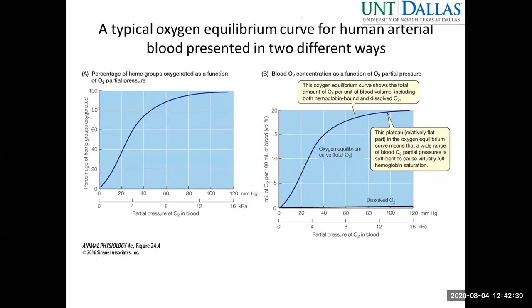Human blood, for example, contains about 5.4 × 10^20 heme groups per 100 ml. Combination of oxygen with each individual oxygen binding site is stoichiometric. One and only one oxygen molecule can bind, for example, with each heme group of hemoglobin or with each pair of copper atoms present in hemocyanin.